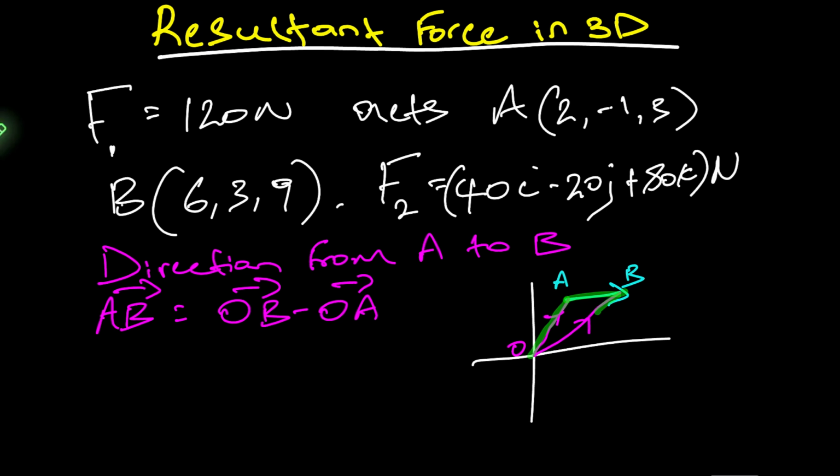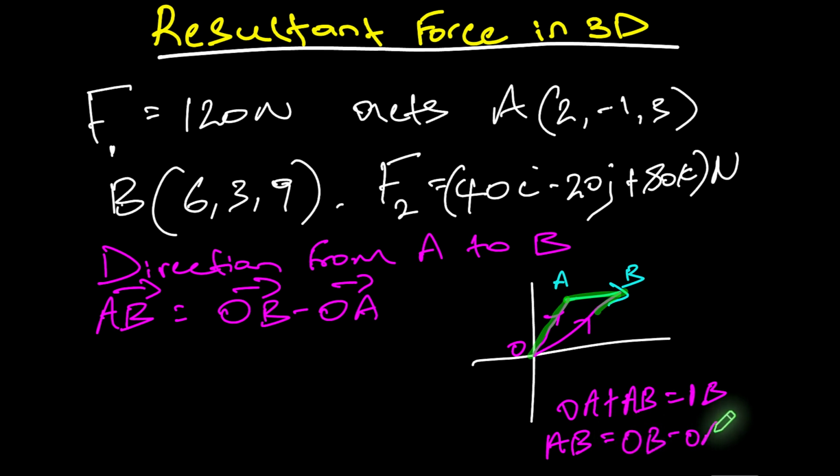We follow the arrows, going from O to A plus A to B, and because the next vector, OB, would be going in the opposite direction, we would have BO, and we don't want that, so we put these equal to OB. If we rearrange this, we end up getting that AB is equal to OB minus OA. So that's where that comes from, just for clarity.